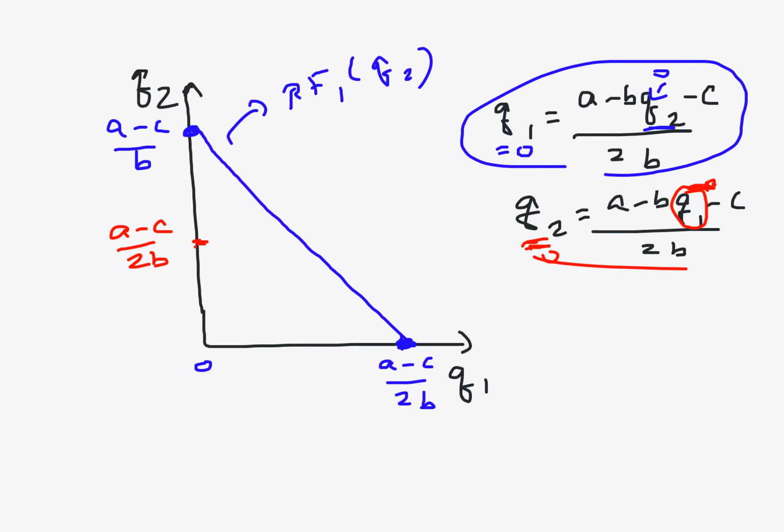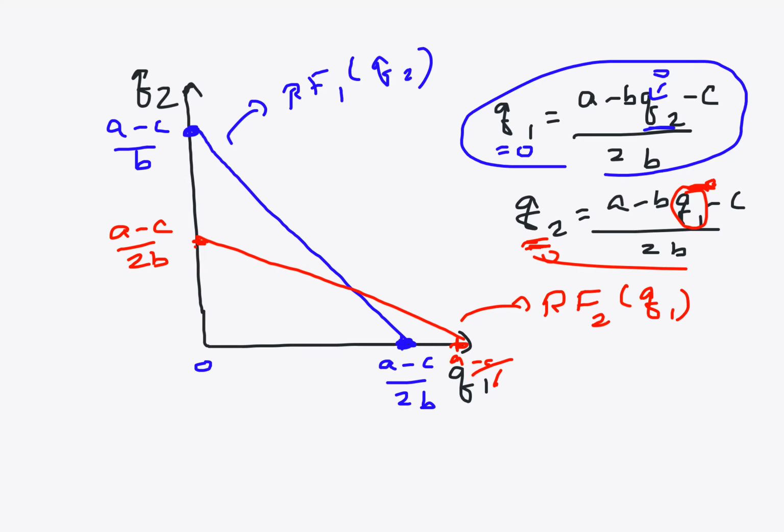You can solve for Q1, and that gives you (A minus C) over B, somewhere here. You can connect those with a straight line, and that gives you the reaction function of firm 2 given the output produced by firm 1.